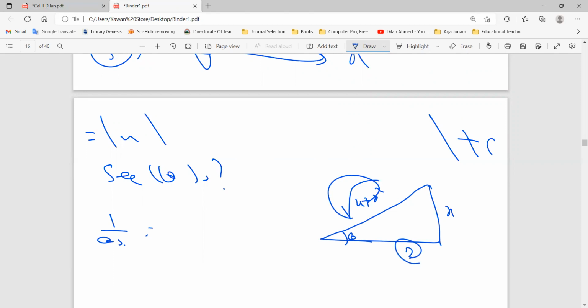So I have square root of 4 plus x squared over 2. Understood or not? Did you get it? Shall I repeat it? No, you got it.